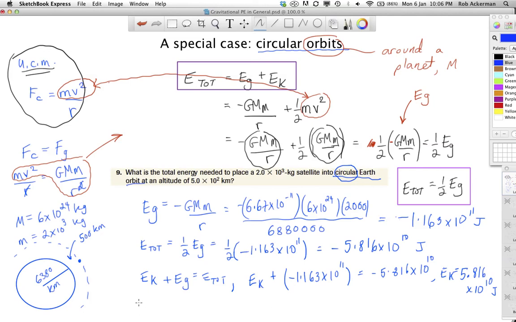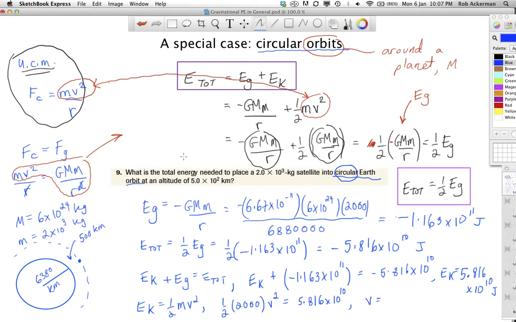Well, since I know that EK is equal to 1/2 mv squared, then I can do the following. 1/2 of the mass of the satellite, which is 2,000 kilograms, times its speed squared is equal to this number. And so now I can solve for v.